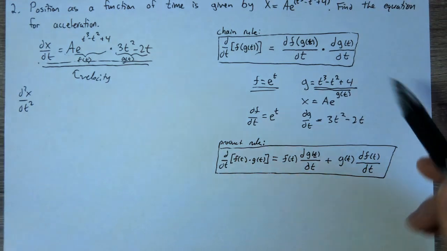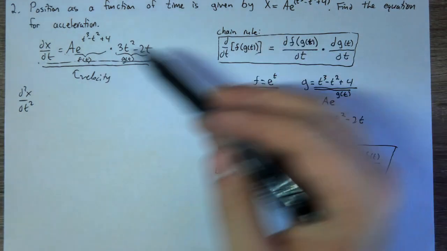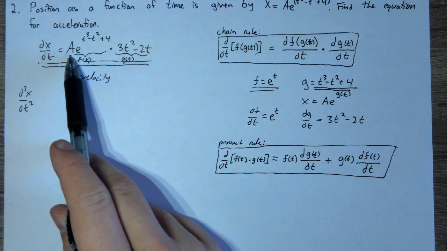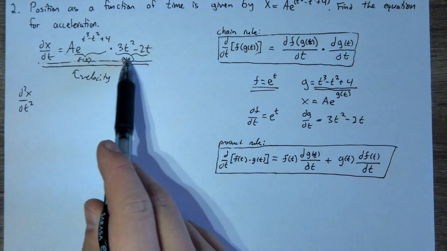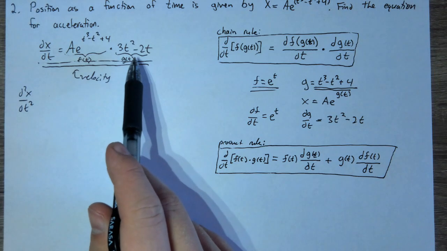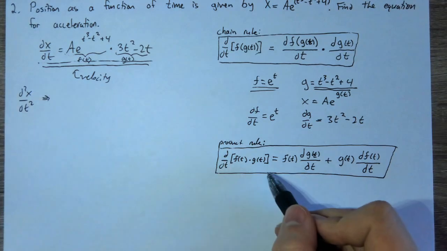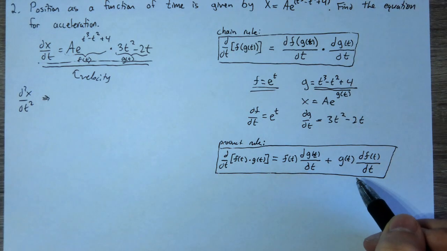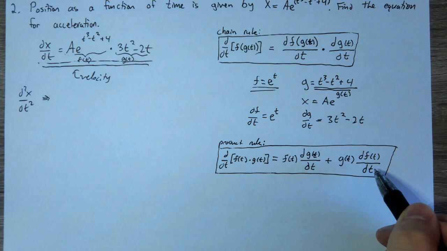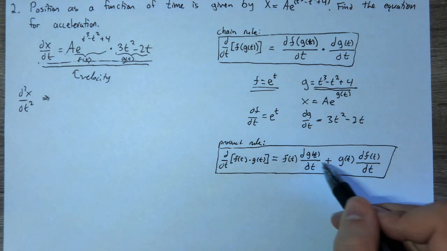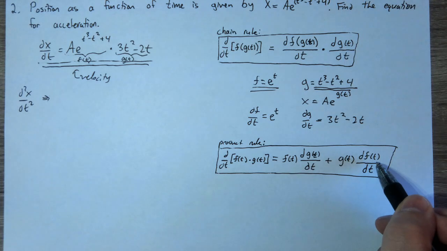Okay, so in the case of this function, I already wrote it. We'll have f(t) here and g(t) here. And then we just need to find the derivatives of those two and then put them all together. So let's start with the derivative of f with respect to t.